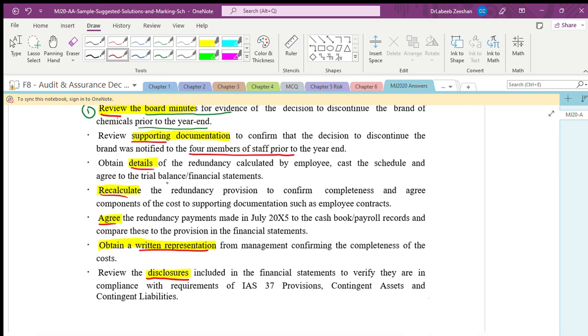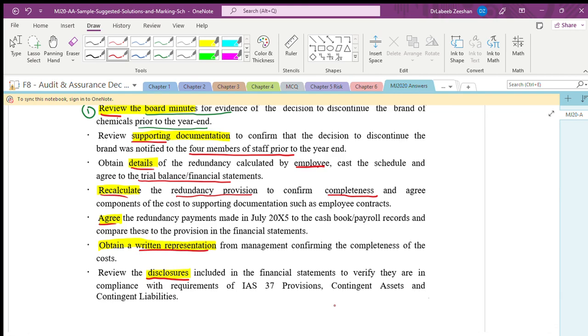Obtain details of redundancy calculated by employee. Catch the schedule, total the schedule, and agree with what? Agree with the trial balance and financial statements. Recalculate the provision again. Why are we doing recalculation? To confirm completeness, against documentation such as employee contracts.